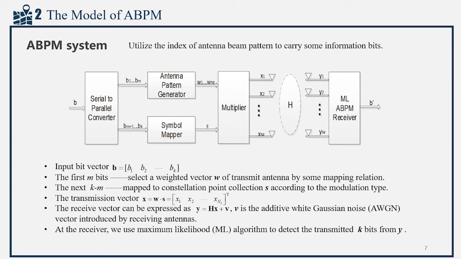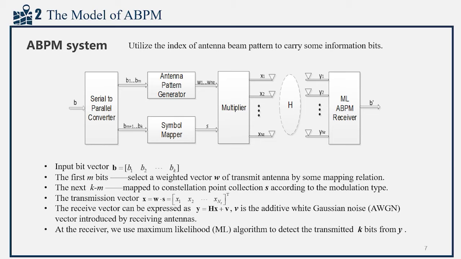The first m bits are divided into the first part, which are used to select a weighted vector W of transmit antenna by some mapping relation. The next k minus m bits are divided into the second part, which are mapped into many points of constellation graph according to the modulation type. The constellation point collection can be expressed as S.